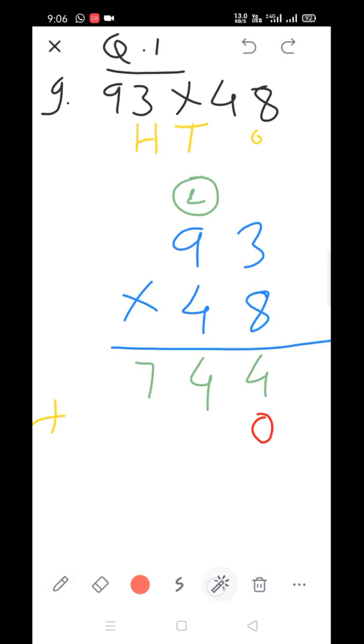Now 4 multiplied by 3. 4 threes are 12. 2 will be here and 1 as a carry. Next, 9 multiplied by 4. 9 fours are 36 plus 1, 37. Yes.